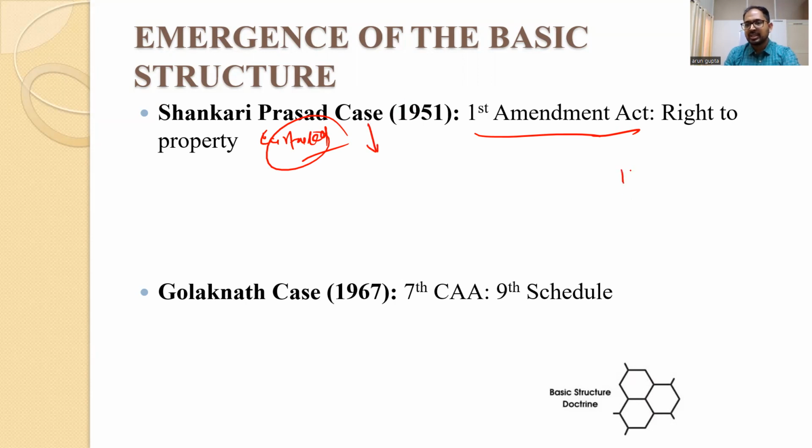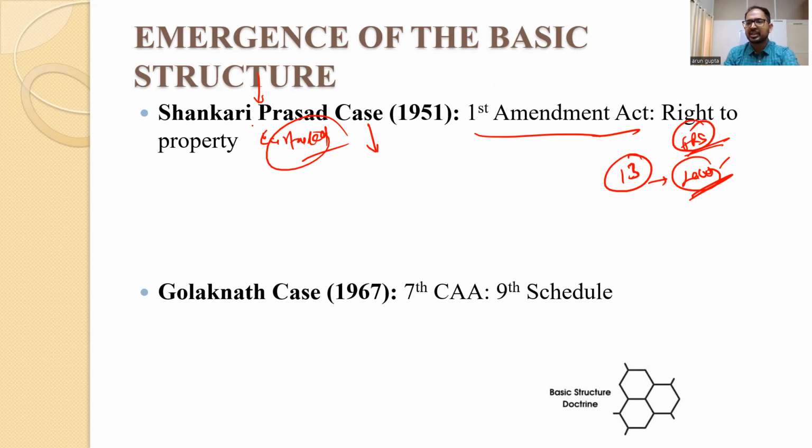In this case, it was mostly regarding the fundamental rights, because Article 13 of the Indian Constitution states that fundamental rights cannot be abrogated by any law. Because the right to property was a fundamental right, it was challenged that this amendment was unconstitutional.